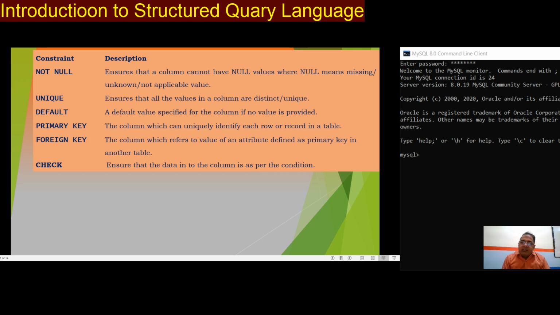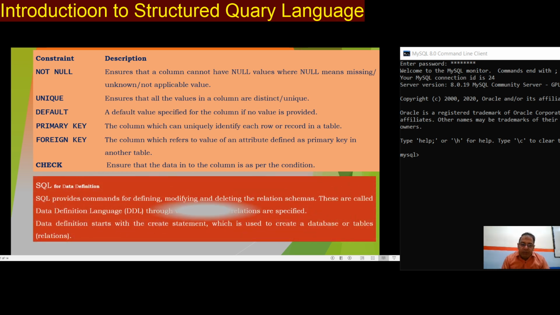The primary key constraint provides the facility that a column's value cannot be duplicate and also cannot remain null. Then we have a check constraint, which will ensure that the data in the column is as per the condition or criteria defined by the user.